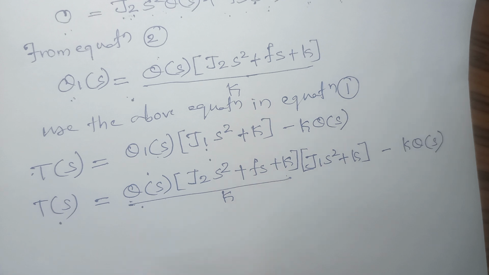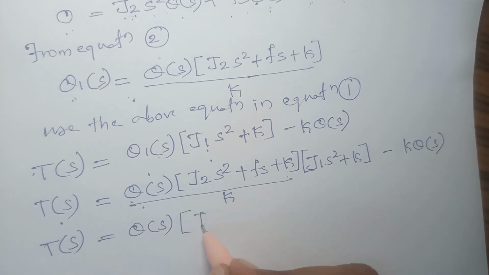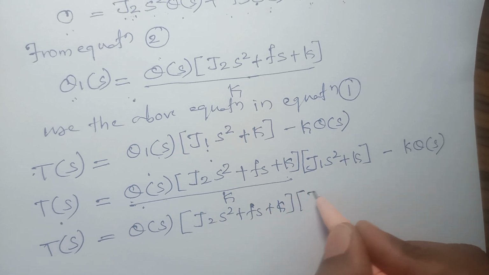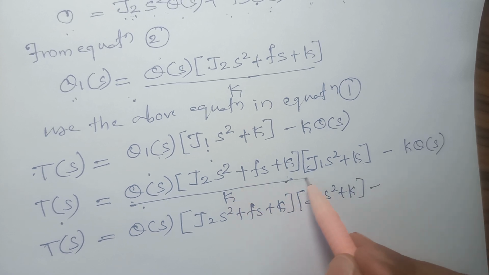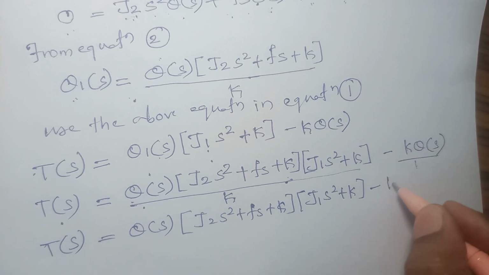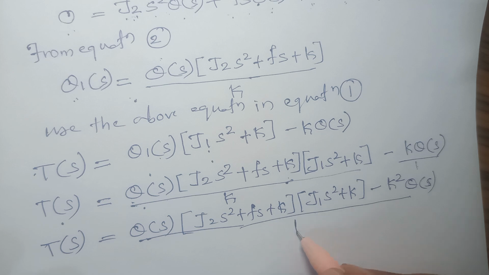So here we can write t of s is equal to theta of s into j2 s square plus fs plus k into j1 s square plus k minus, here if you take the LCM it will be k. So here it is 1 into k will be k square theta of s. Okay, so this will be whole divided by k.